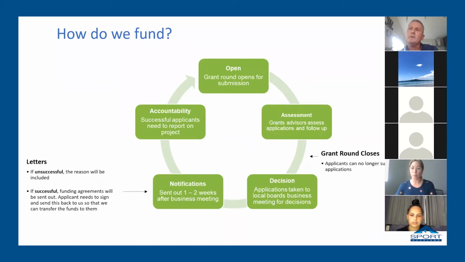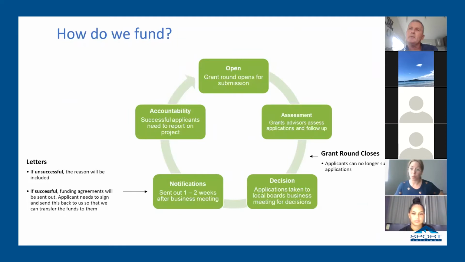So for example, what your project type is. There are 6 project types: arts and culture, community, environment, events, historical heritage, and sport and recreation, which is obviously what you guys will be looking at. You will also be assessed on if it is located in the local board area, how much you're asking for, and what your reach is.